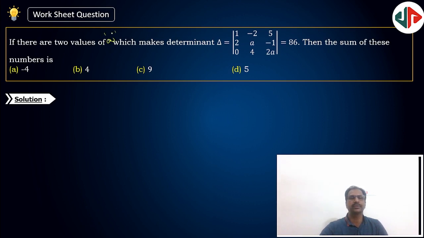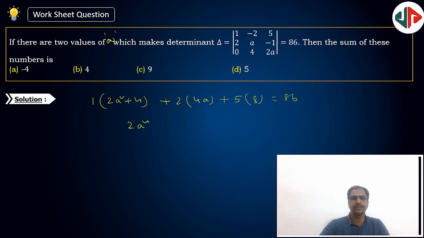If there are two values of small a which make a determinant 86, then find the sum of these numbers. Expand the determinant: 1 into 2a square plus 4, plus 2 into 4a, plus 5 into 8 is equal to 86.